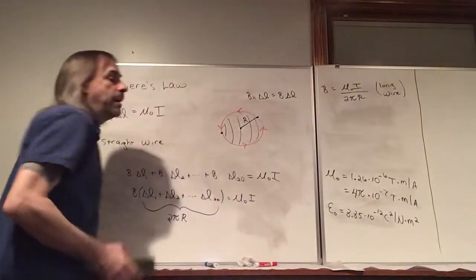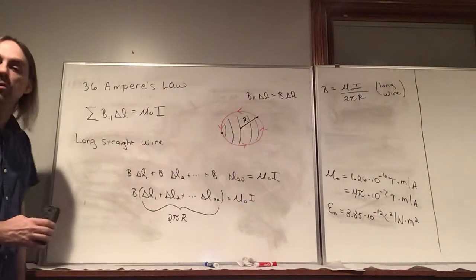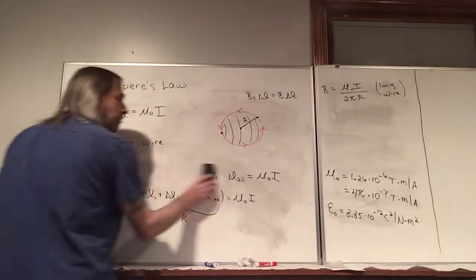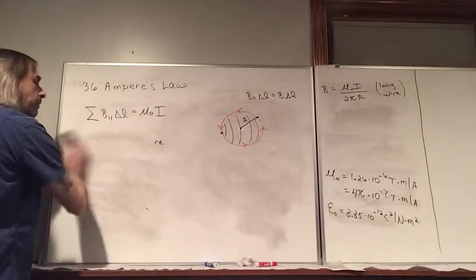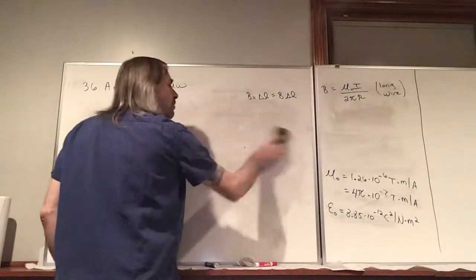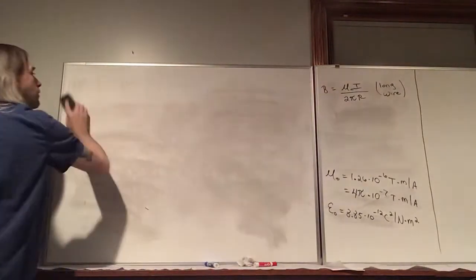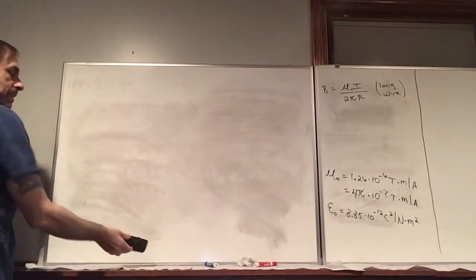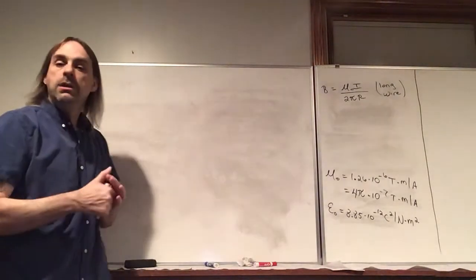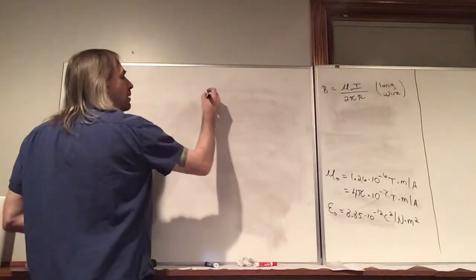Okay, now I'm going to look at one more example of a magnetic field that we can calculate using Ampere's law. And that's something called a solenoid. So first let me draw a solenoid, or try to anyways.